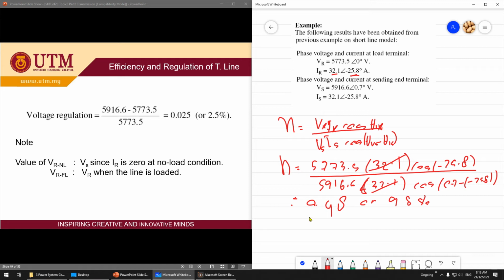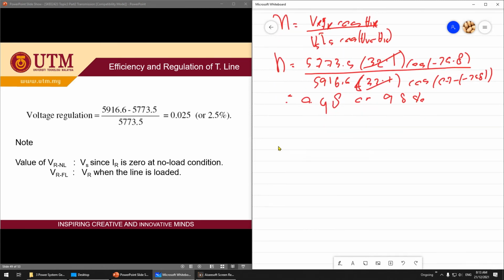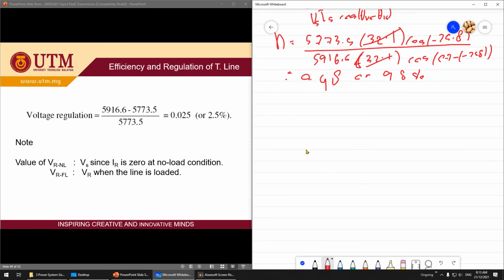How about voltage regulation? Voltage regulation is also simple. VR is equal to V at no load minus V at full load, divided by V at full load, and all of it is at the receiving end.